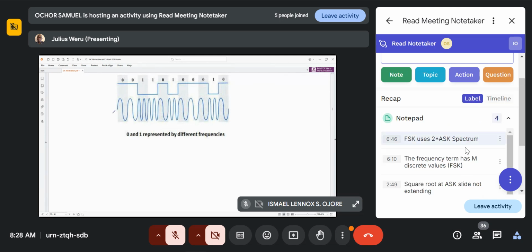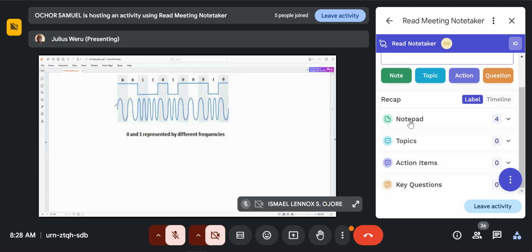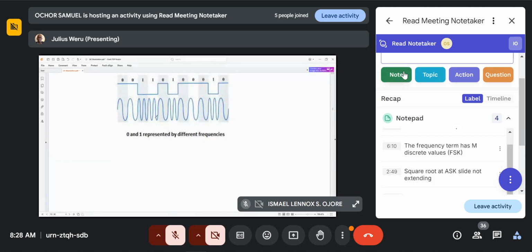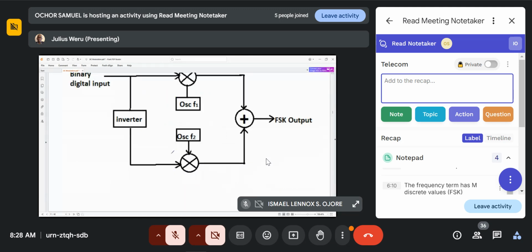You can see the frequency for 0 is lower than the frequency for 1. Here they are occurring for a particular time, and you have more repetitions. So that is FSK.